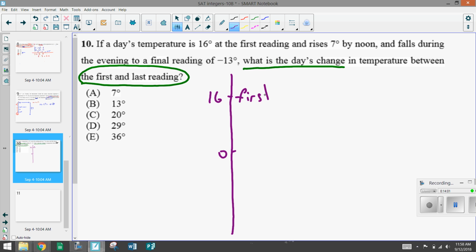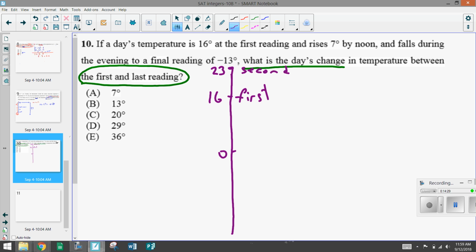It's nice to write these expressions. First reading, and it rises 7 degrees, plus 7, that makes what? 23. You approve? 16 plus 7, 23 degrees by noon. And this is the second reading, right?